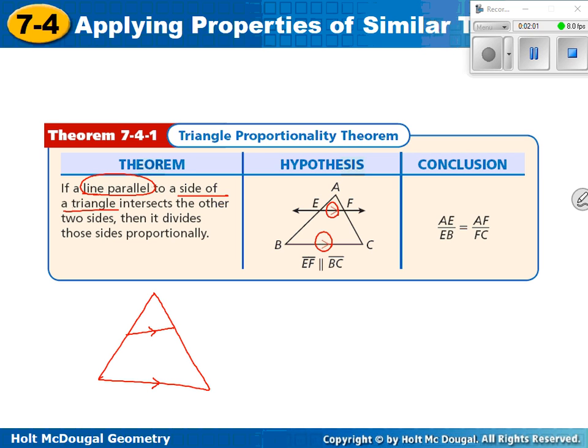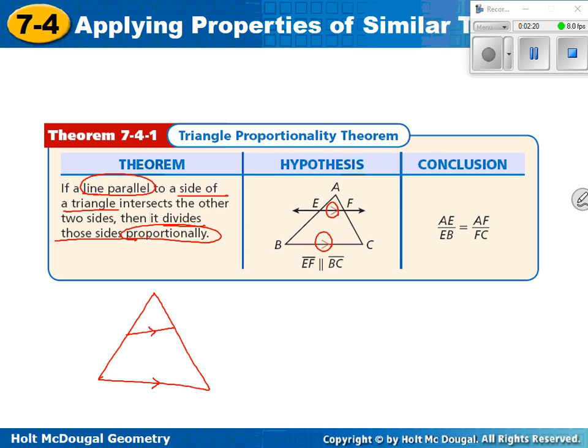But as long as you have a piece in your triangle parallel to another piece, then instead of having to prove these 2 separate triangles are similar, what this is going to say is that your piece that's parallel will divide the 2 sides proportionally.